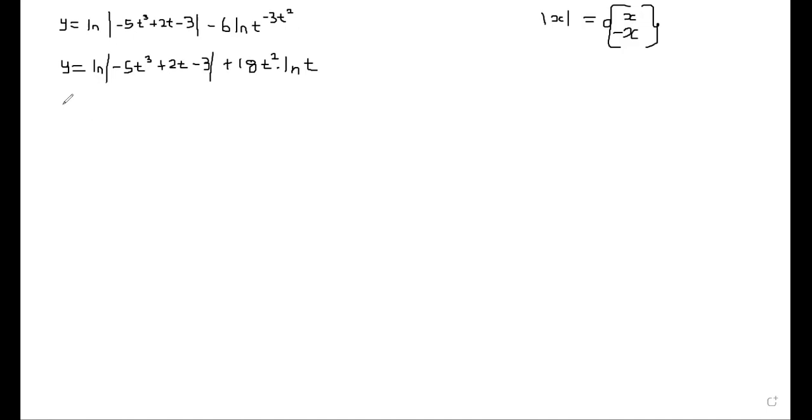So even here, we're now going to say the natural log of the absolute value of minus 5t cubed plus 2t minus 3 can be broken down into its positive and its negative.